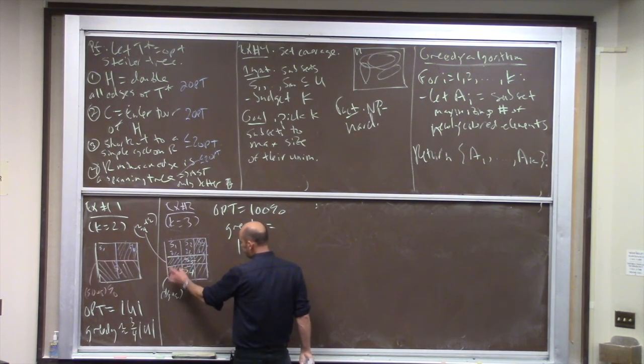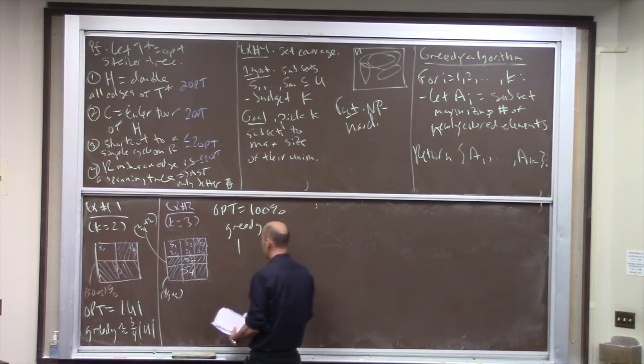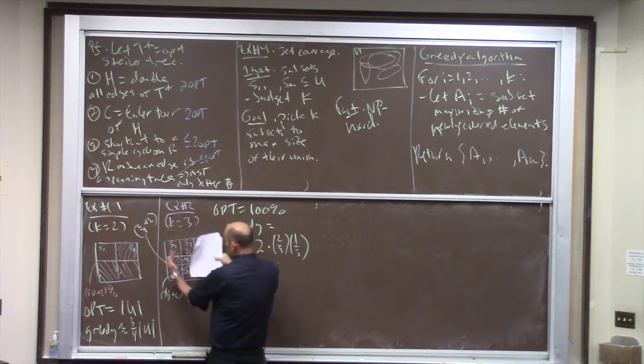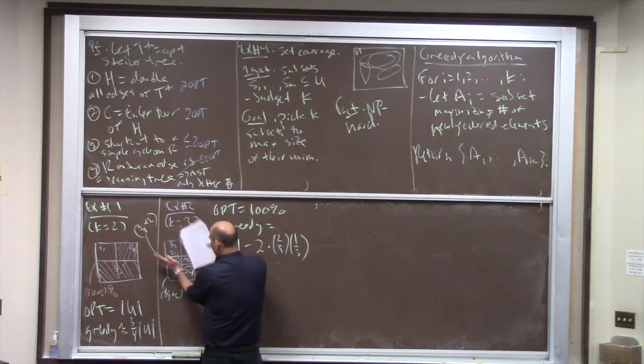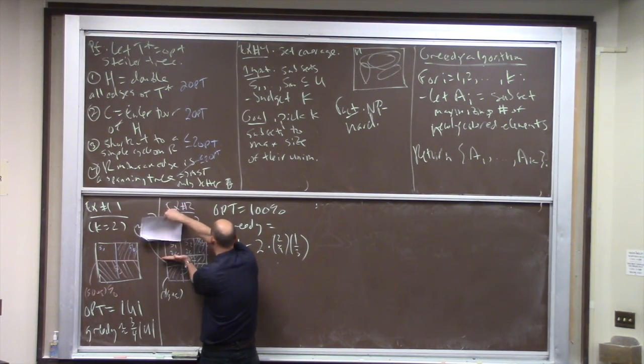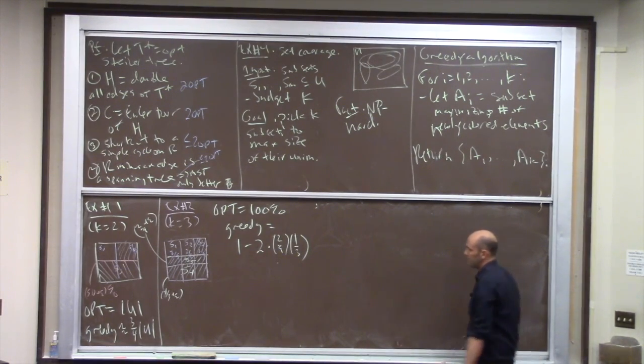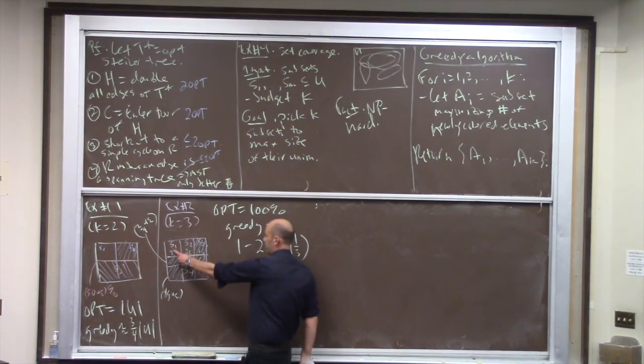So, anyway, 1 minus 2 times 2/9 times 1/3. So this is the 1/3 part, and this is the 2/9 part. That's what's left uncovered by greedy, and that happens twice, both here and here.